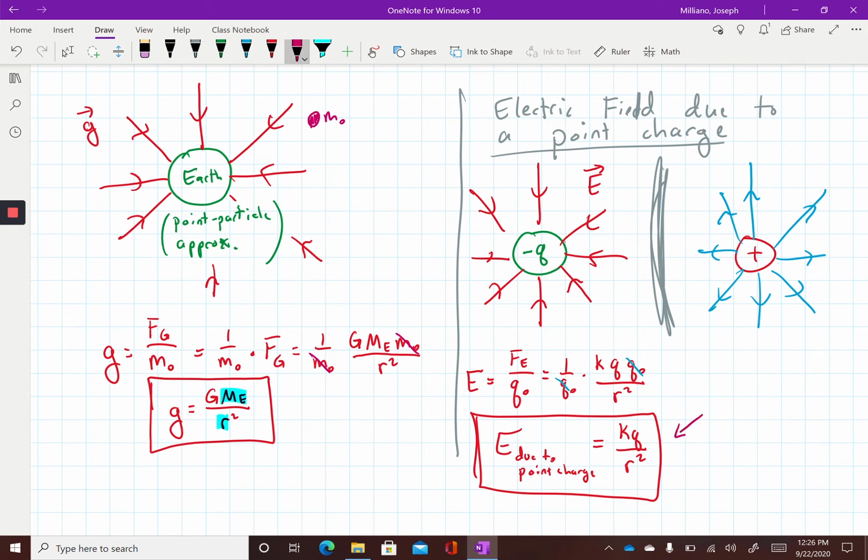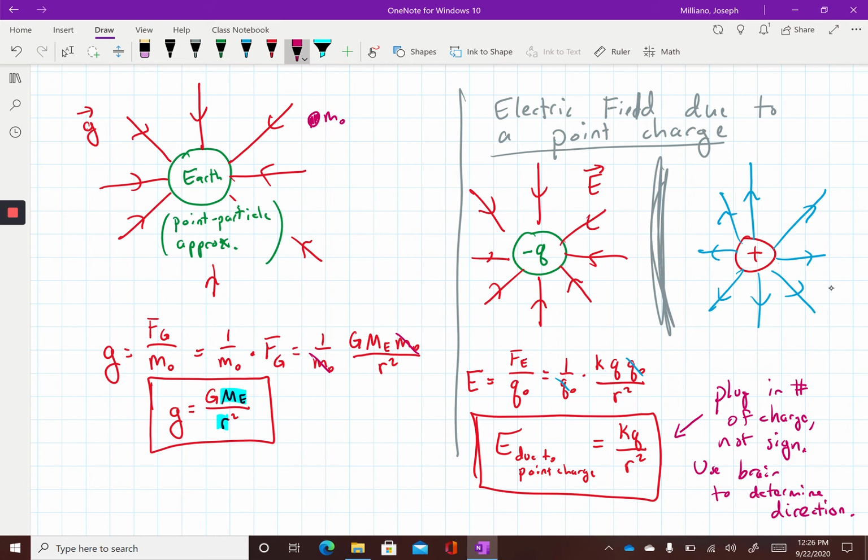So in this equation, we just want to plug in the number of the charge, not its sign. And then we'll use our brain to determine direction.